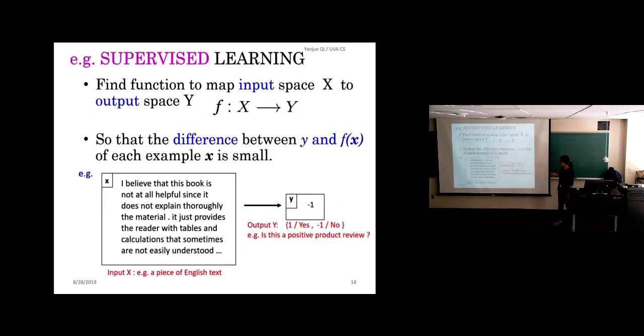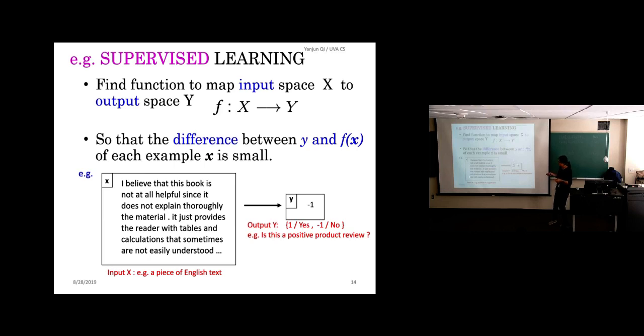More concretely, X can be just a piece of English text, for example something copied from an Amazon book review: "I believe this book is not at all helpful," and so on. You label it: 1 represents yes, a good review, and -1 represents no, a bad review.